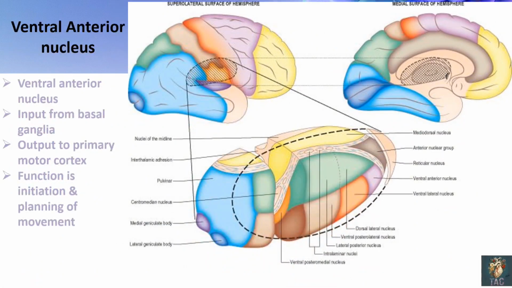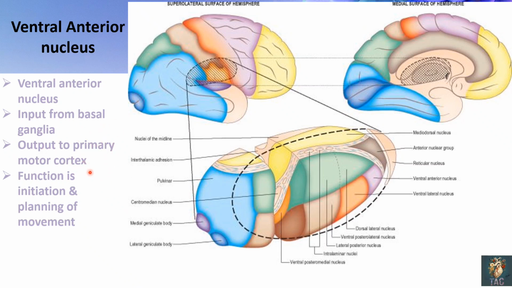Now we move on to the ventral anterior nuclear group, which is related with the motor system. The ventral anterior nuclear group takes information from the basal ganglia. This information either enters directly from the basal ganglia to the ventral anterior nuclear group and then goes back to the cerebral cortex, or via the indirect pathway, but the output goes in both ways into the primary motor cortex.